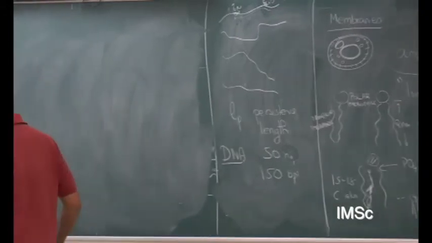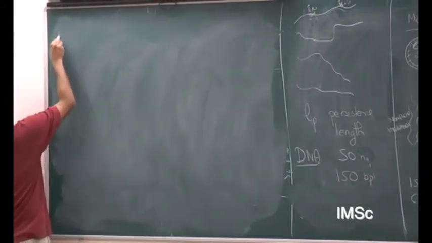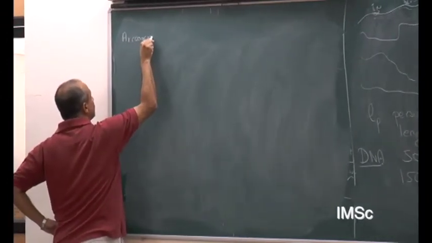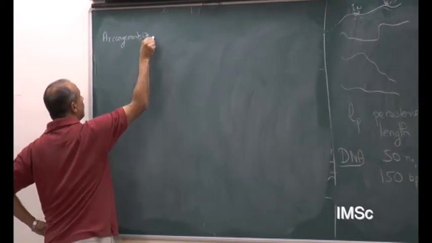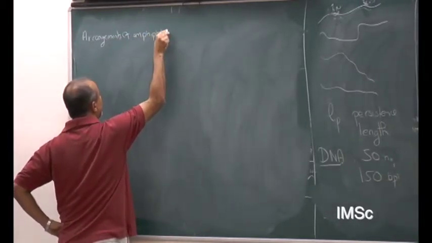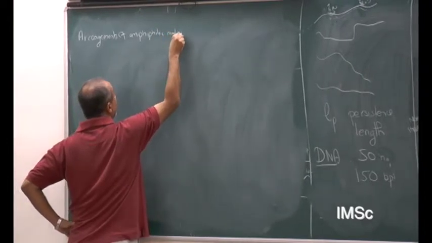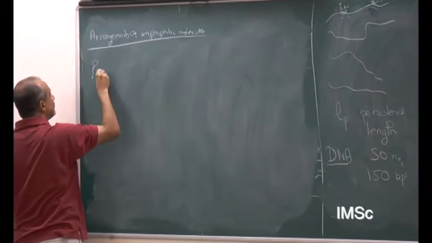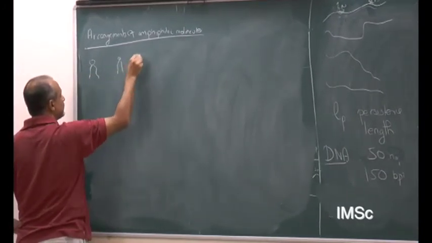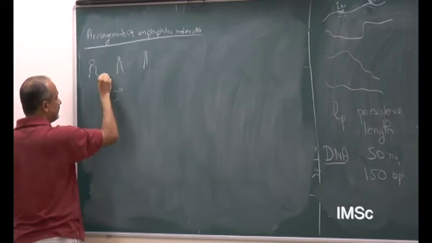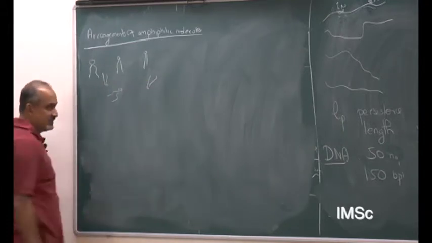So here are a couple of different arrangements of amphiphilic molecules. One arrangement, of course, is just the homogeneous arrangement, where I have molecules that float around independent of each other at sufficiently low densities.